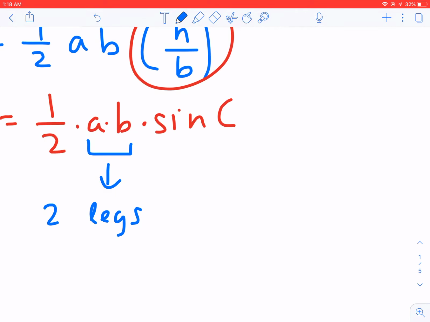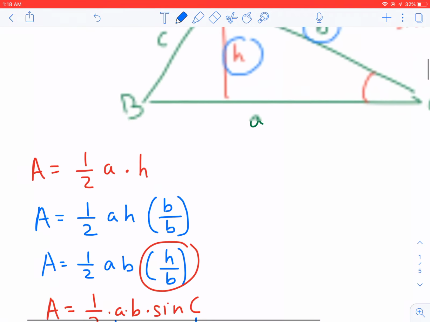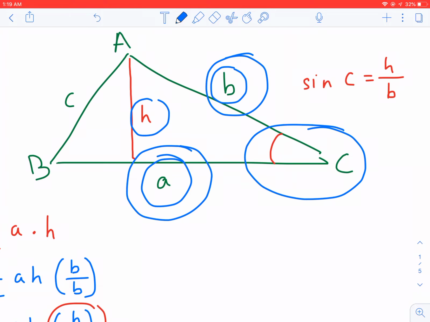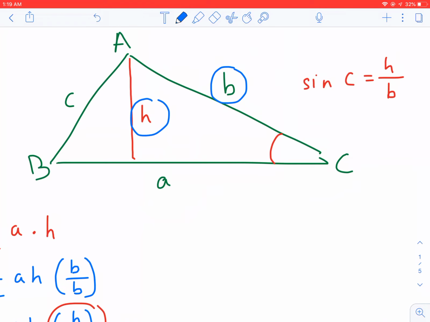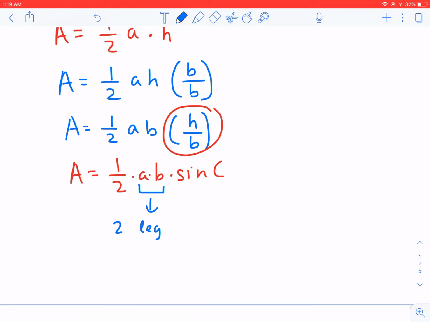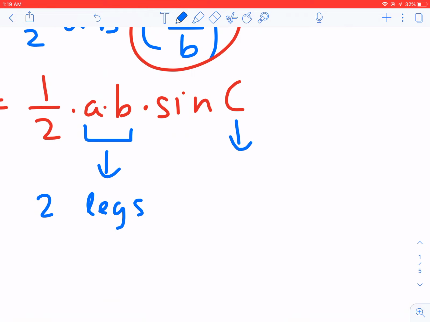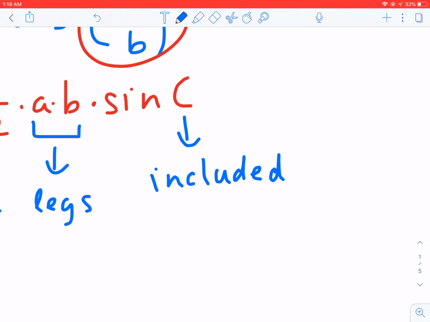And sine of C, well, this angle C, this was the angle formed by the two legs we used, right? The one with a length of A and the one with a length of B. So we call C the included angle. Anyway, two legs, and that's called the included angle.